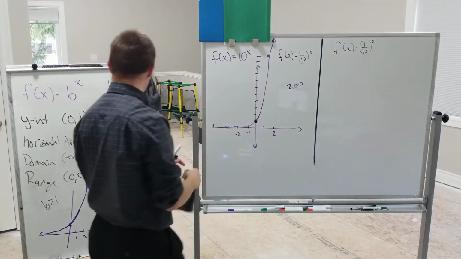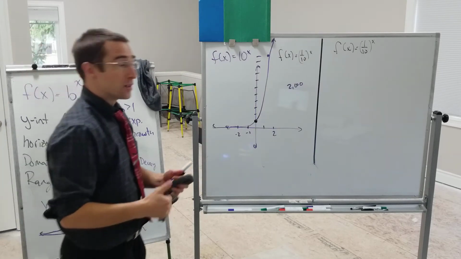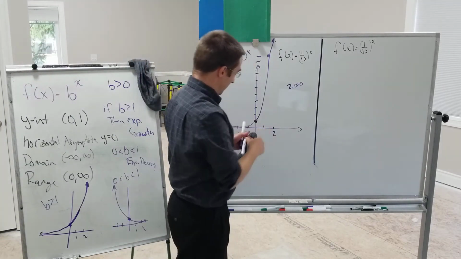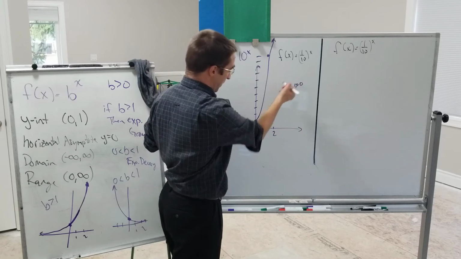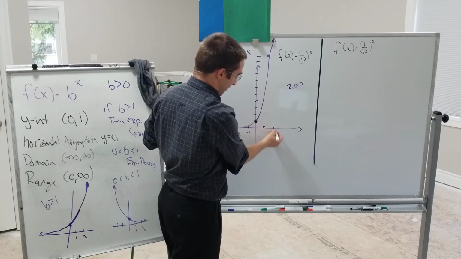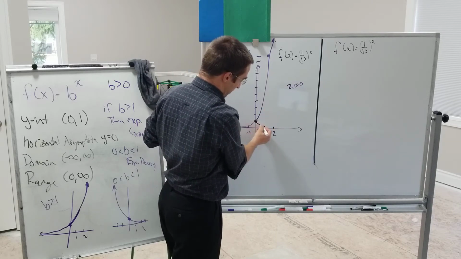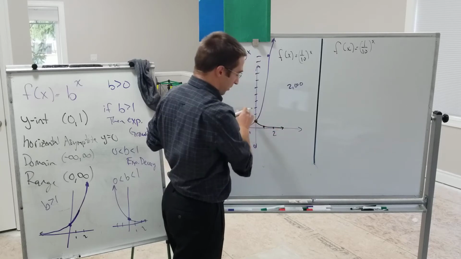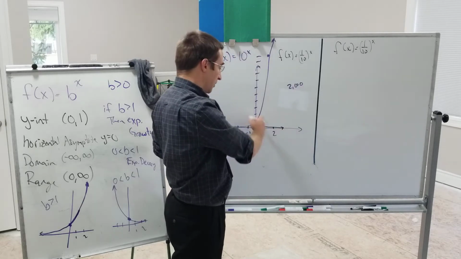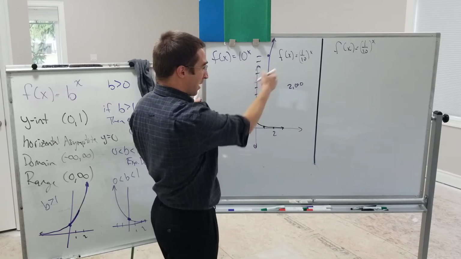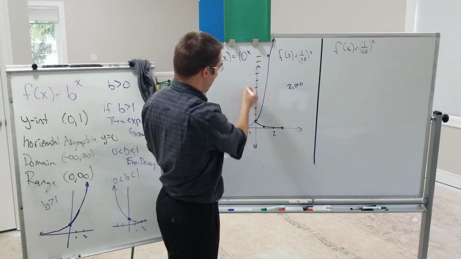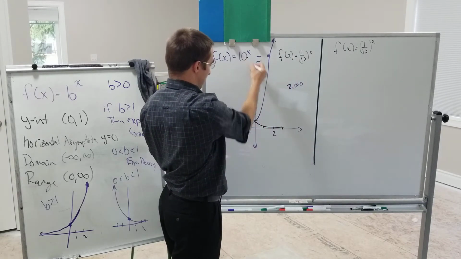This 1/10 is less than 1. So if I go x is 1, and I multiply by 1/10, I'm going to get 1/10, and then I'll get 1/100. So on the right, my graph is going to decay to the right. If I go to the left, if I divide by 1/10, that's the same as multiplying by 10. So I get a graph that looks like this.